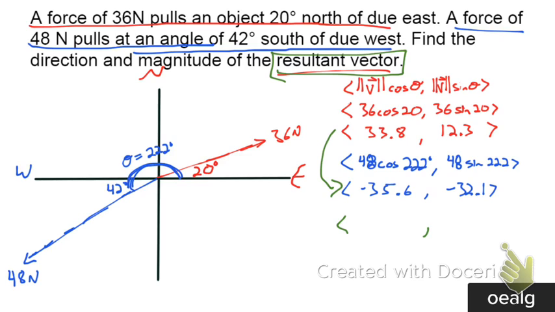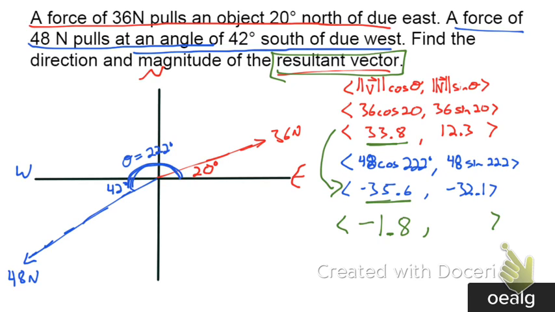For my horizontal components, I'm going to add the 33.8 plus the negative 35.6. Negative 1.8 would be my horizontal component. Okay, and then what's our vertical component?